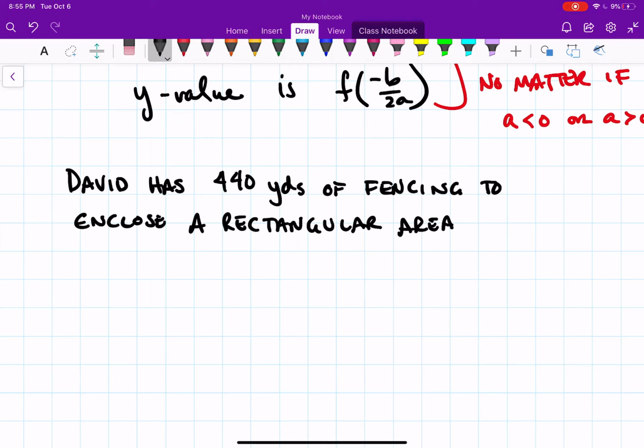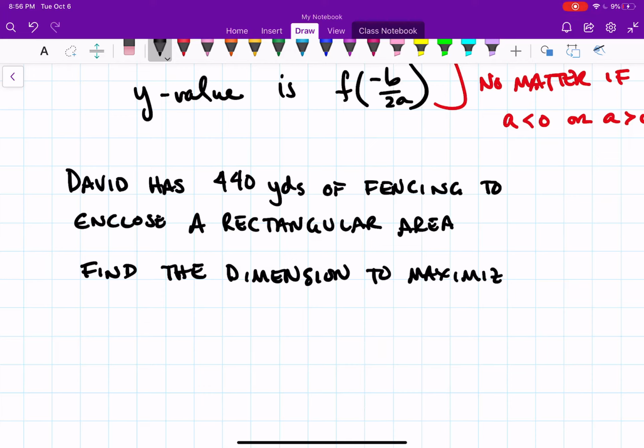And what they want to know is to find the dimensions to maximize the area.